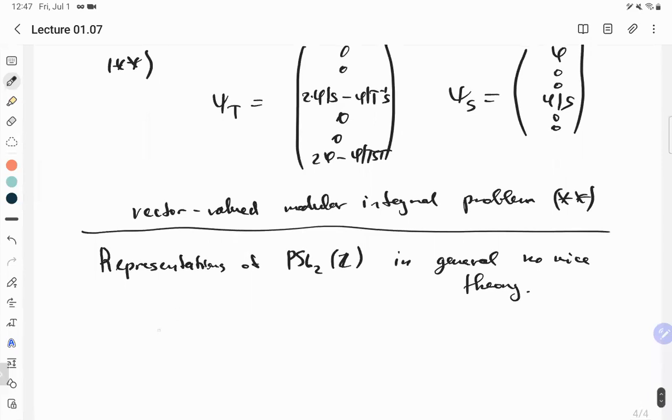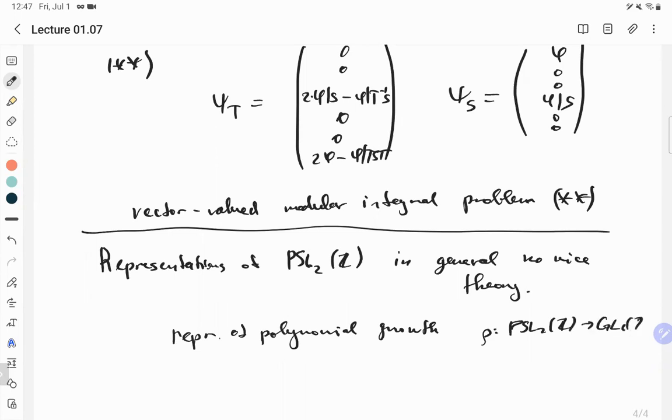So this is a representation of polynomial growth, meaning that this representation of PSL2Z to GL6Z, if you look at the Frobenius norm, for example, is bounded by some power of the Frobenius norm of the matrix gamma.